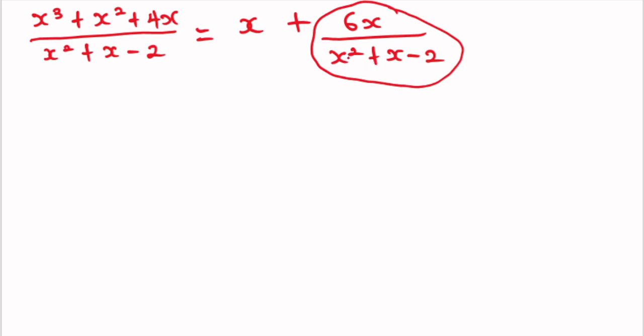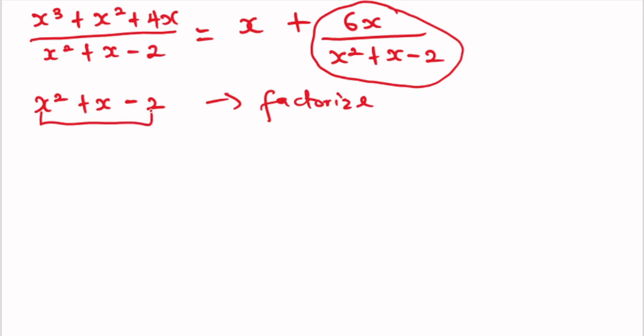By looking at the denominator, x squared plus x minus 2, it is a quadratic expression. So we have to use the factorization method to get the factors of this denominator. We have x squared plus x minus 2, and we'll have to factorize this. Multiplying the first and last terms, we'll have minus 2x squared.